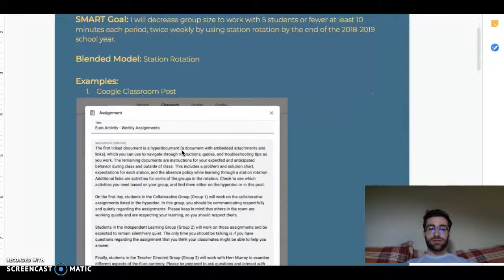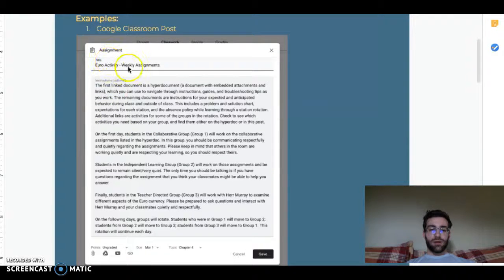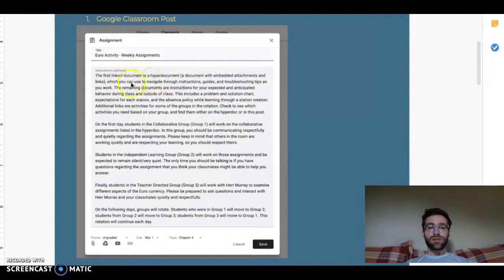So the lesson I posted to Google Classroom, so basically to give them all the instructions and things like that. So this is the post right here. It might be a little hard to read. Essentially, I say that I linked a hyperdocument, and I explain what a hyperdocument is in case they don't know. And then I also stated what else is linked to this assignment.